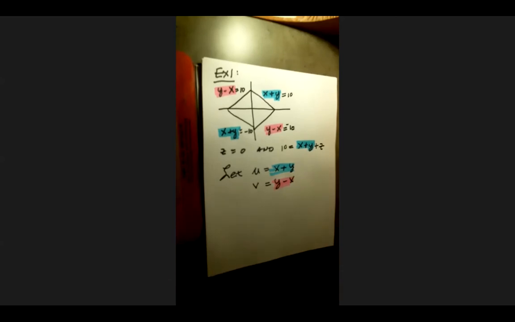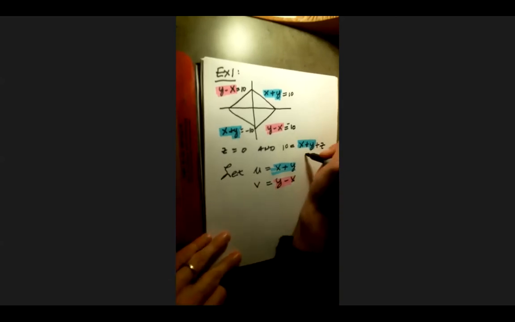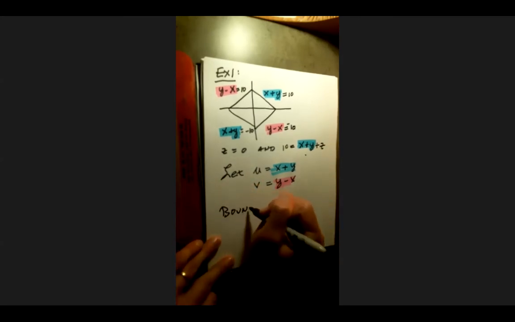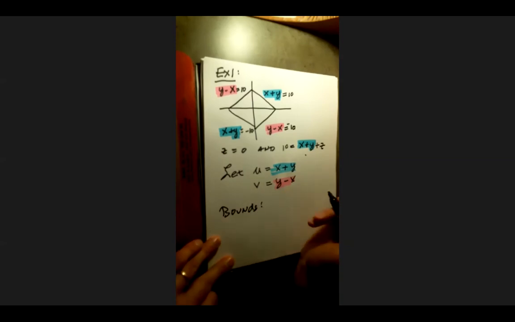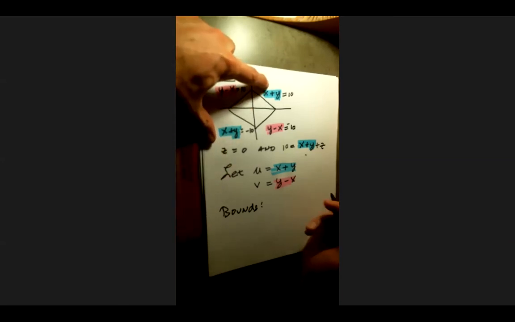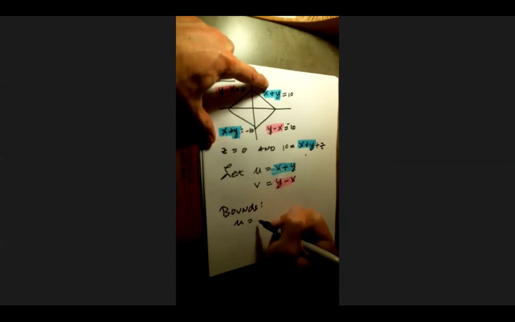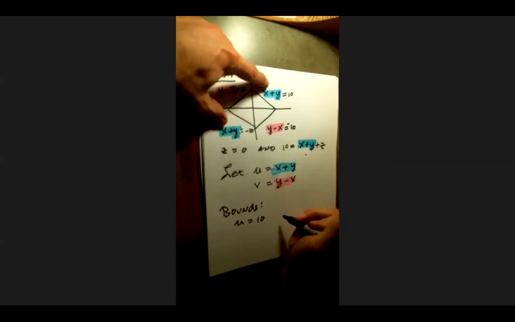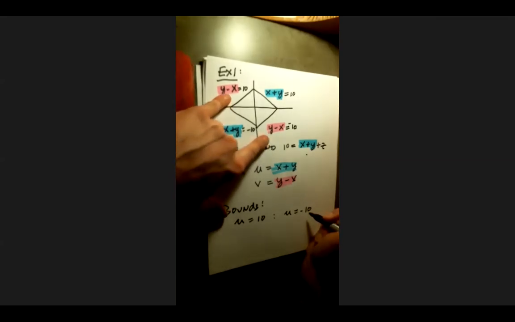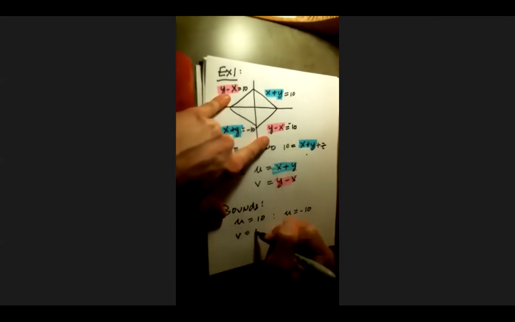And so this turns our various bounds into u equal to 10 and u equals negative 10. And then v equals 10 and v equals negative 10.